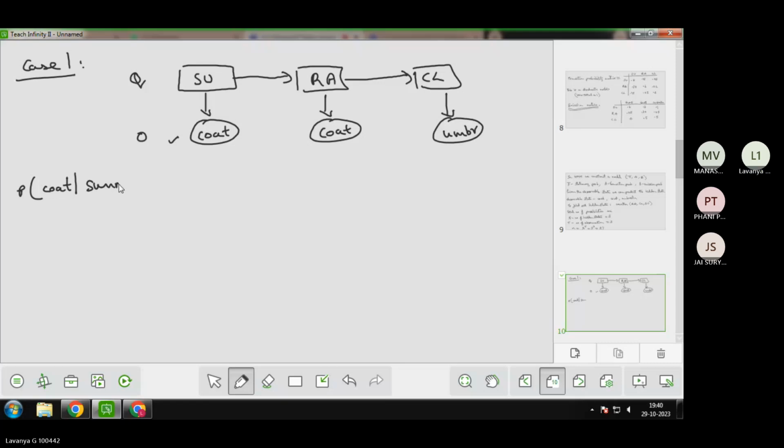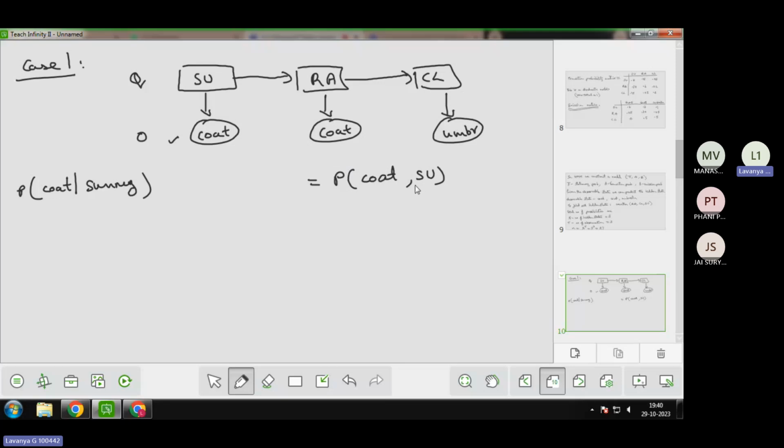Suppose he is wearing a coat and it is also sunny, it should be an intersection of both. So I will have coat, comma, sunny.